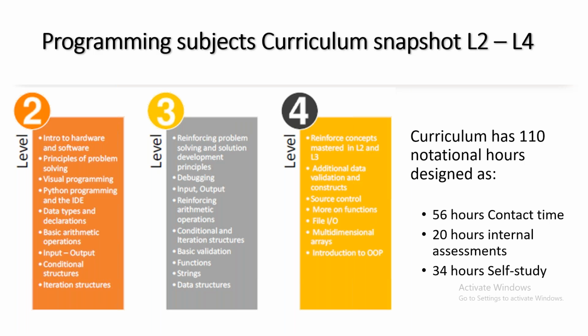And then if you look at the level 3 cognitive growth, you can see here, it talks about reinforcing the problem solving principles, debugging, reinforcing arithmetic, condition structures, validations, function strings, data structures. Now you can see here, if you've done IT computer science level 2 and level 3, you'll notice this is quite familiar to you, although the language they covered is Visual Basic, the outcomes are very much similar.